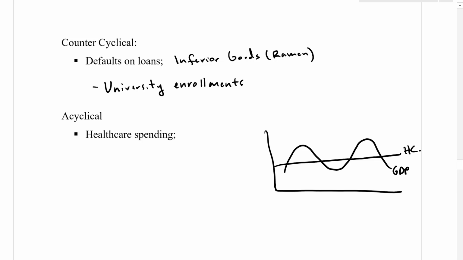It doesn't really matter if the economy is doing well or not. There could be a little relationship there, but if there's not a strong relationship, then it's considered acyclical.